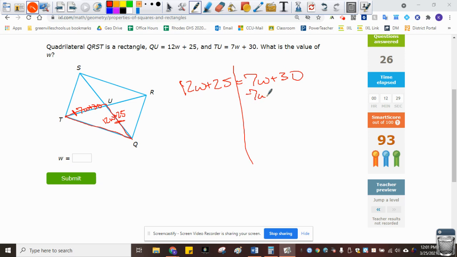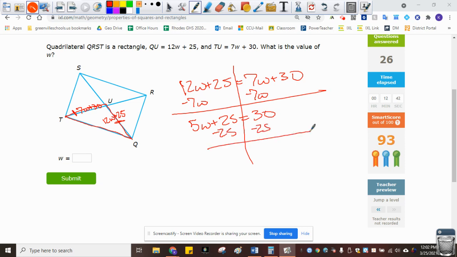And then solve it. I solve these quickly on purpose. I want your focus to be on setting up this equation, not solving the equation. By now, you should be able to solve equations. If you can't, I am more than welcome to help you with that. So W is 1. So what is the value of W? Yep, that was it. W is 1.